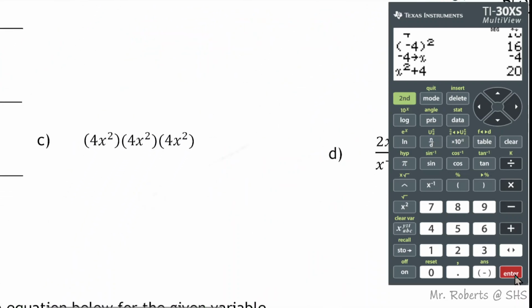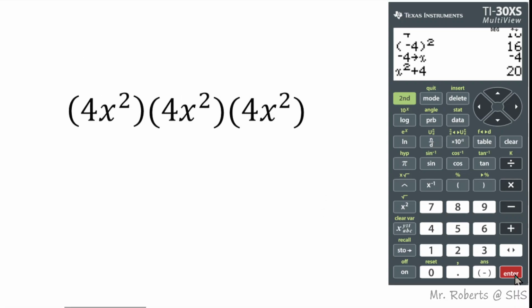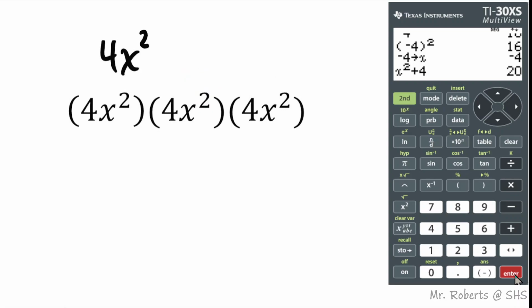Let's look at part C. Part C has 3 of these 4x to the 2nd power. So I've got a 4x squared times 4x squared times 4x squared. By the way, I could write this as 4x squared to the 3rd power, but this is the expanded form of that.